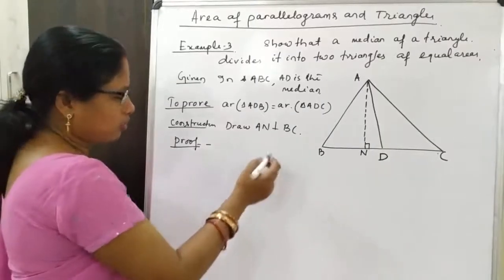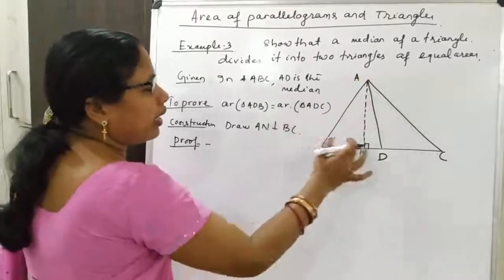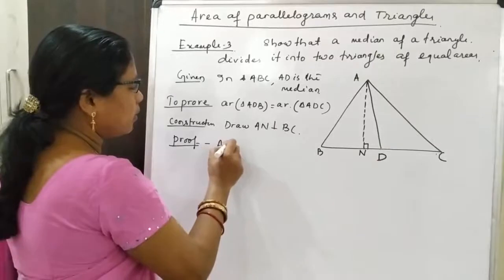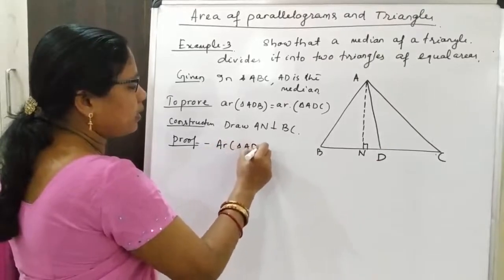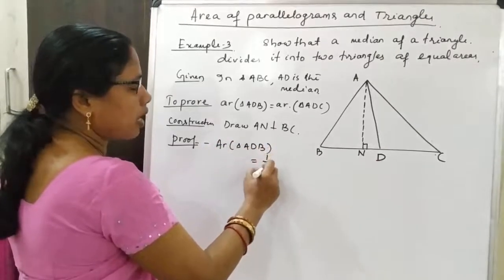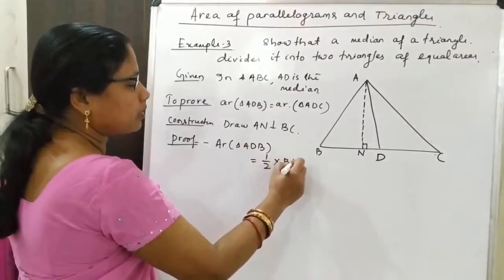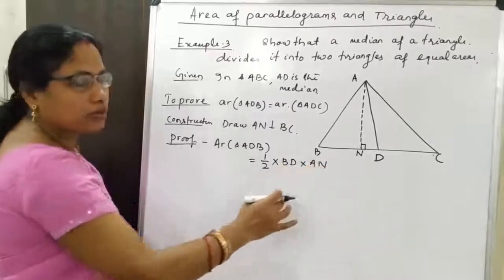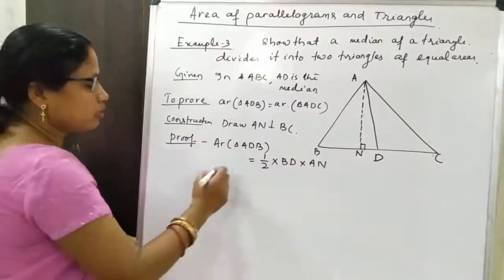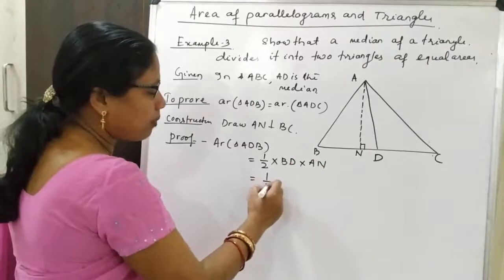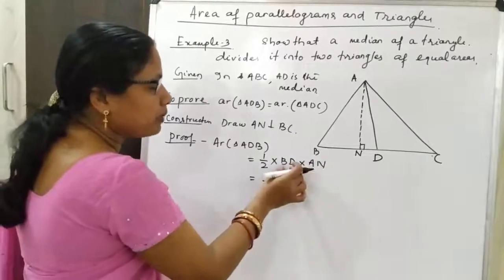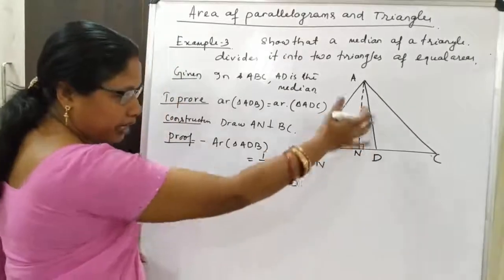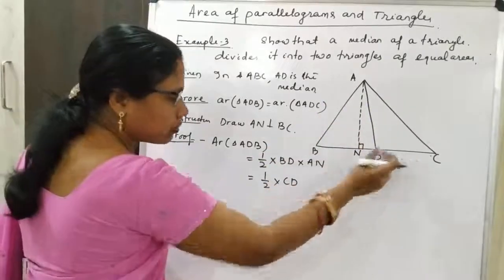Then proof. In triangle ADB, the area of triangle ADB is equal to half multiplied with BD multiplied with AN. Half base into altitude. So this is equal to half of, in place of BD we can write CD, because AD is the median, so BD is equal to DC.